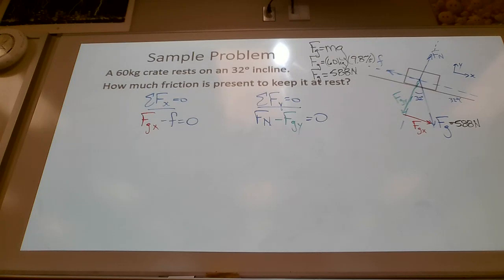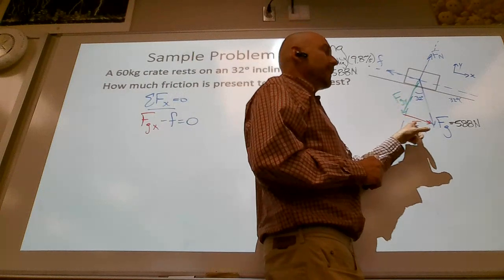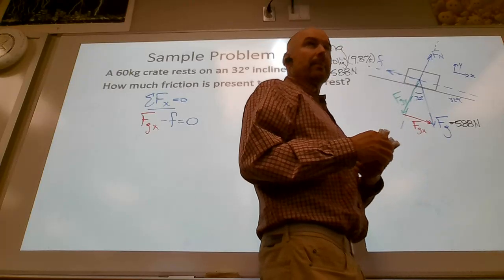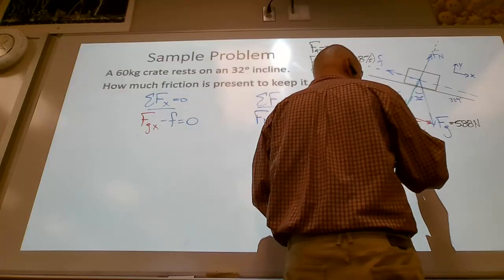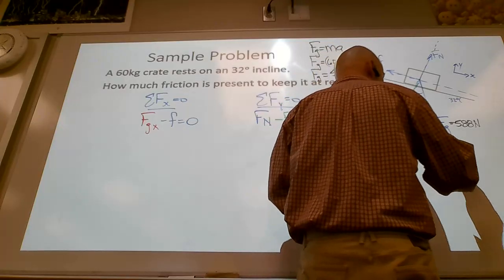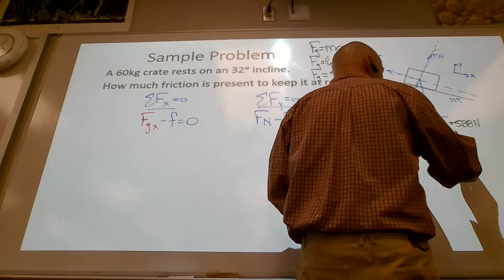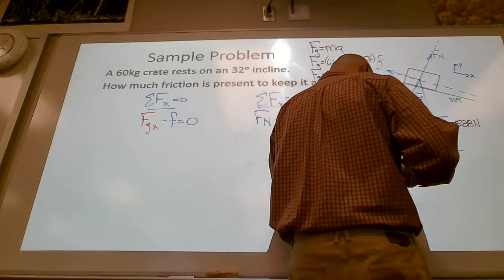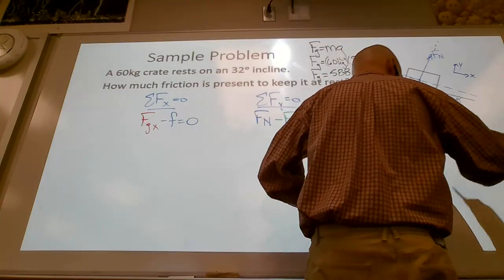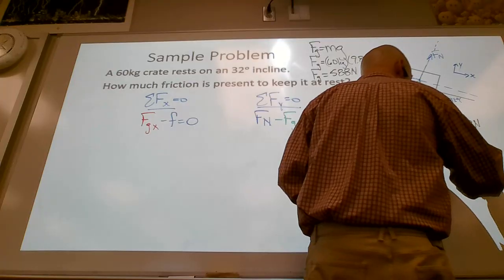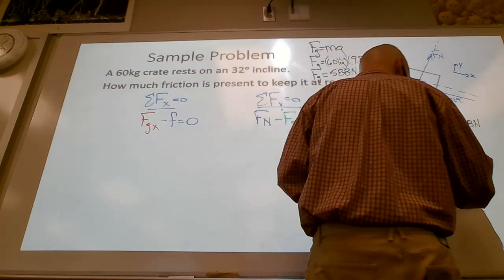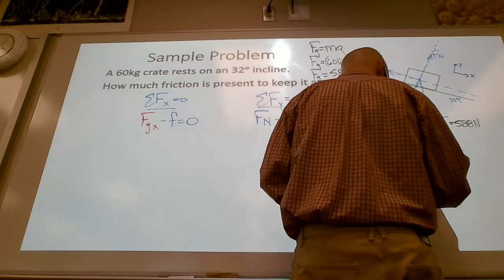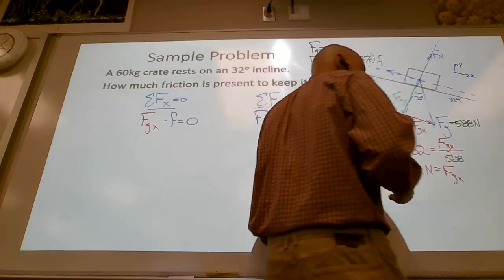Always look at your triangle. Okay? We're looking for the opposite side. So we're going to use sine. Sine of 32 is equal to FGX over 588. FGX is equal to 312 newtons.